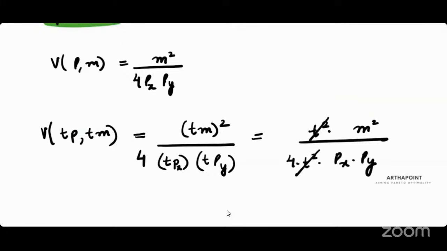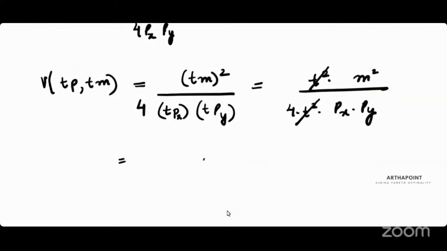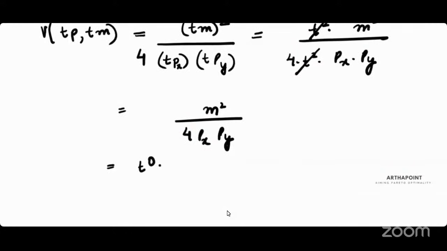So t square gets cancelled, and this is simply m square upon 4 px py, which is nothing but t to the power 0 upon 4 px py, since anything to the power 0 is 1. This is nothing but t to the power 0 into the initial utility function.